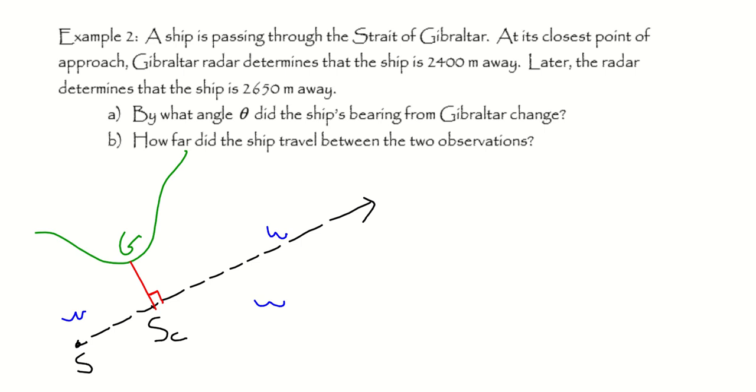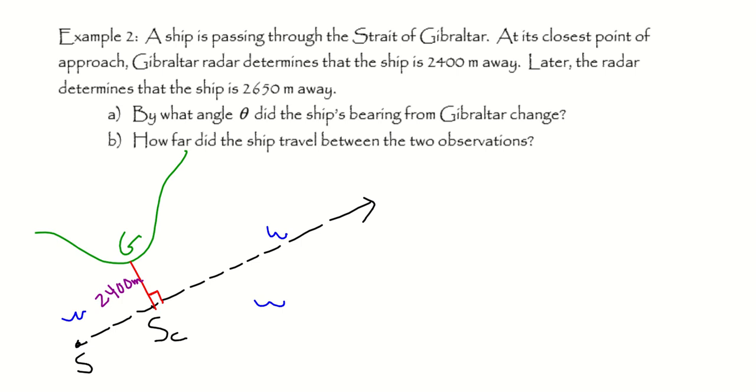Gibraltar radar determines that the ship is 2,400 meters away. So I know that this distance here is 2,400 meters, and that's my perpendicular distance. Later, the radar determines that the ship is 2,650 meters away.